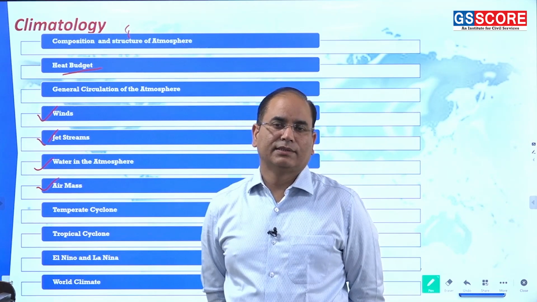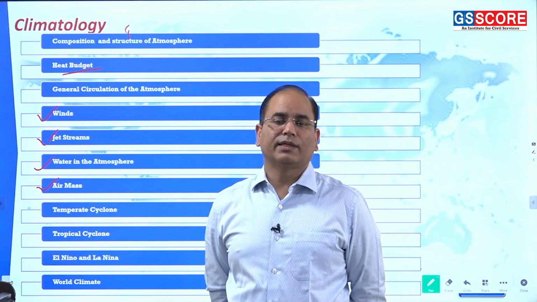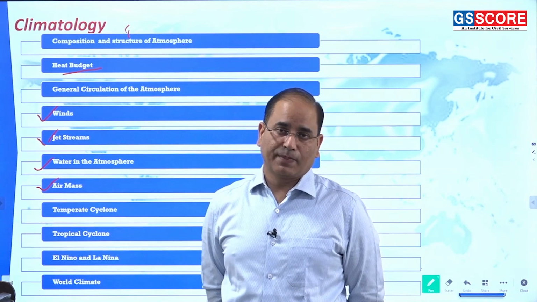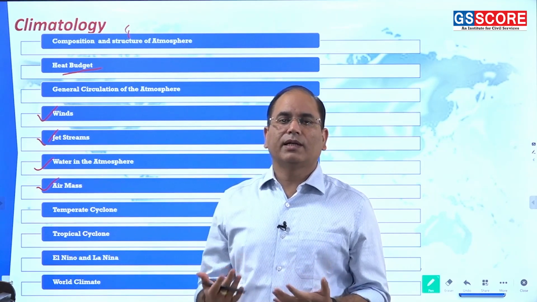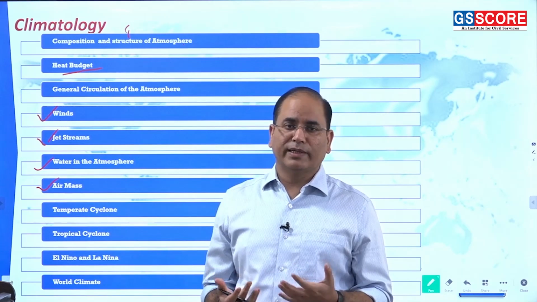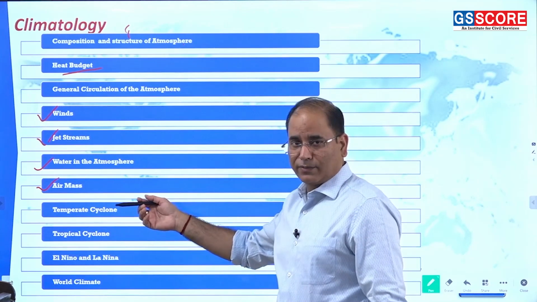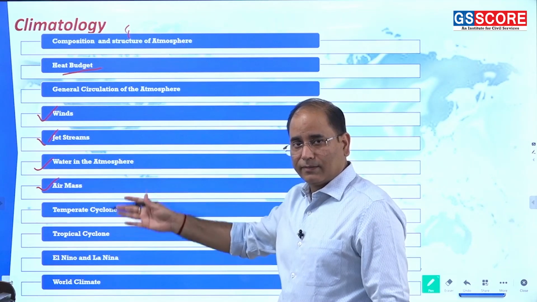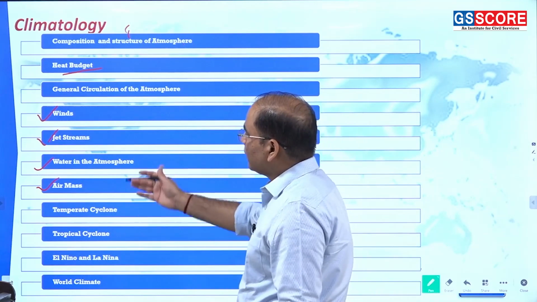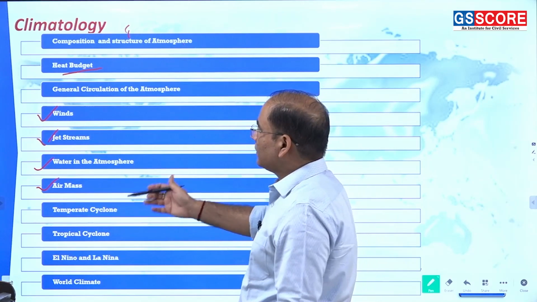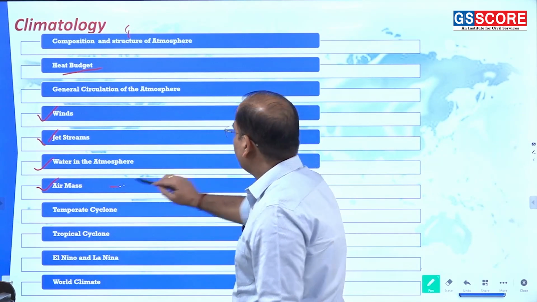Air mass is a phenomena that will be associated when a large scale, huge parcel of air tries to acquire the physical characteristics, mainly in terms of humidity and temperature. So air mass and temperate cyclone, these two are very much linked up with the phenomena of some of the atmospheric disturbances.